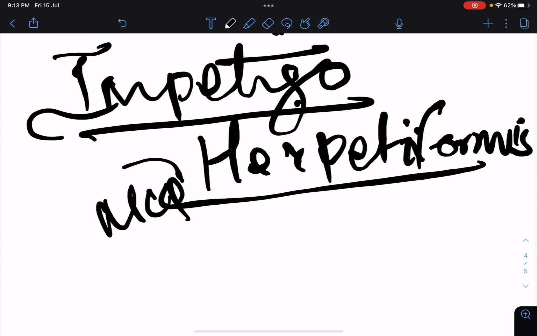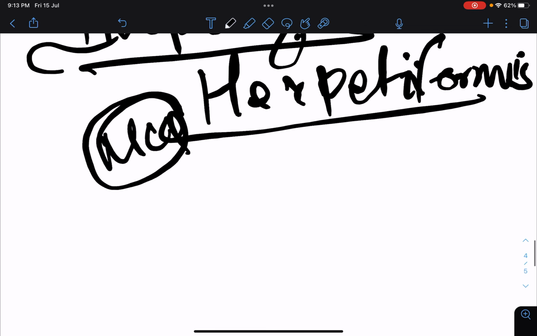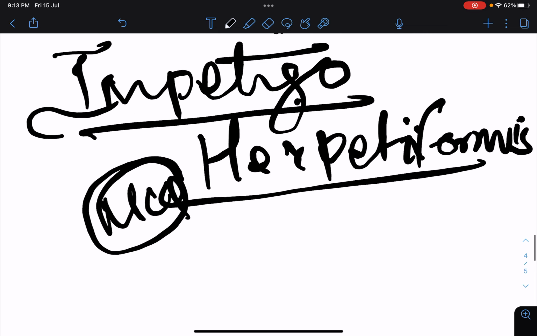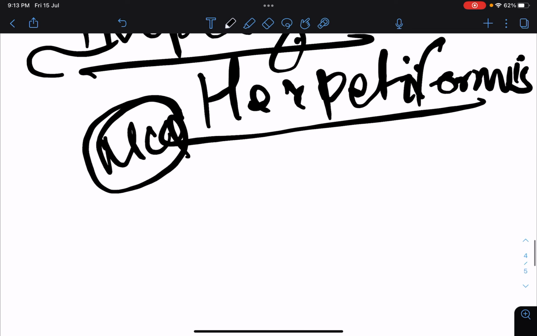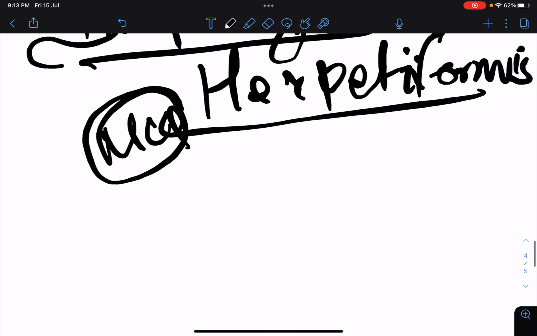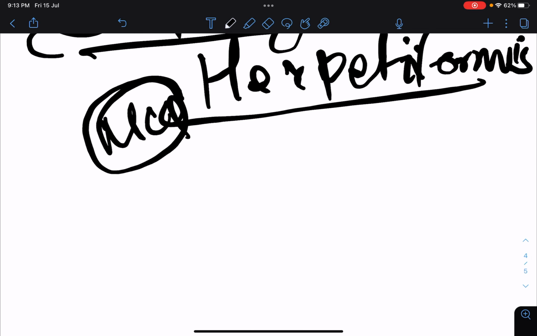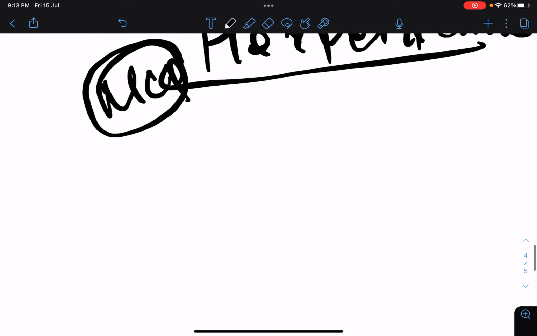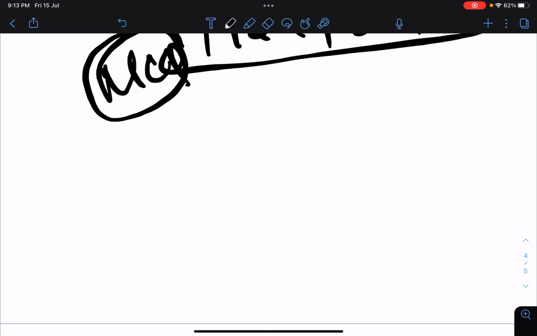So a very important answer could be an MCQ: what is impetigo herpetiformis? It's nothing to do with the disease caused by streptococcus, which causes impetigo, nor is it something to do with herpes. Rather, it is associated with pregnancy or stoppage of steroids, and is pustular psoriasis.